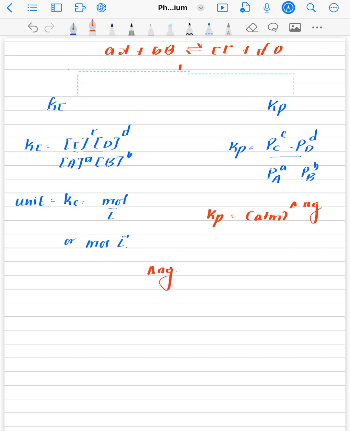Delta ng is equal to the number of moles of reactants minus the number of moles of products, right?